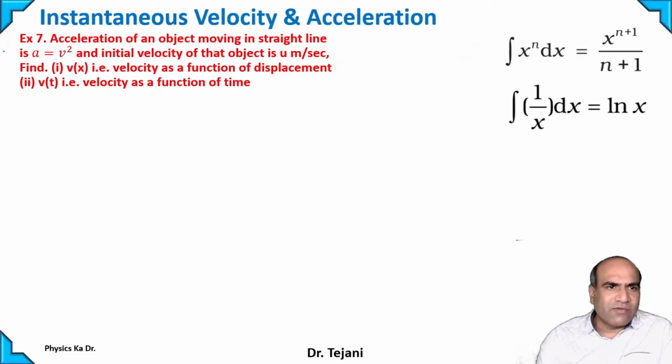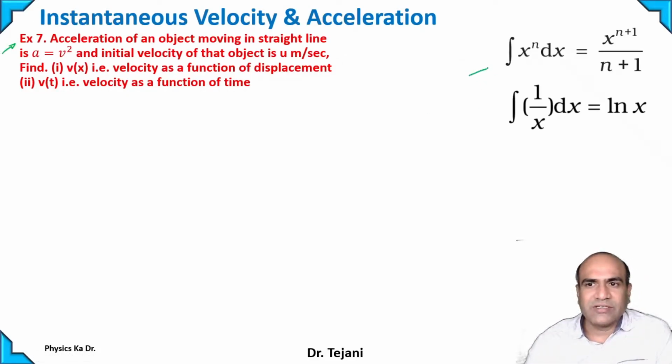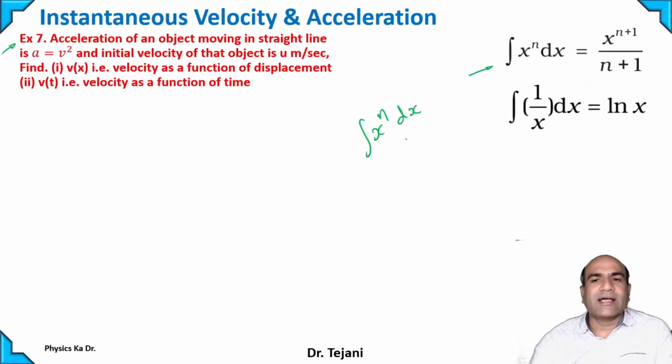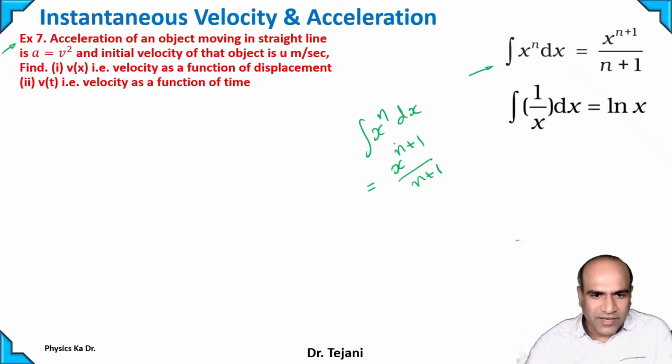Question number 7. Here you need some integration, therefore it is mentioned. Integration is the opposite of differentiation. So the integral of x power n dx is x power n plus 1 divided by the same power n plus 1.